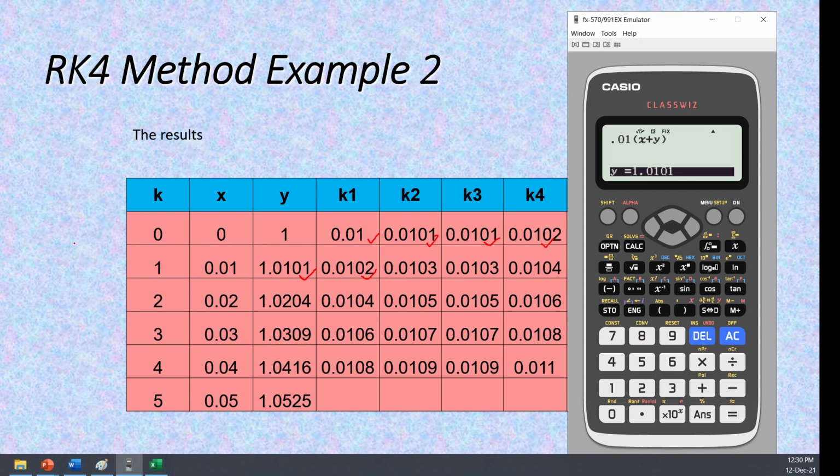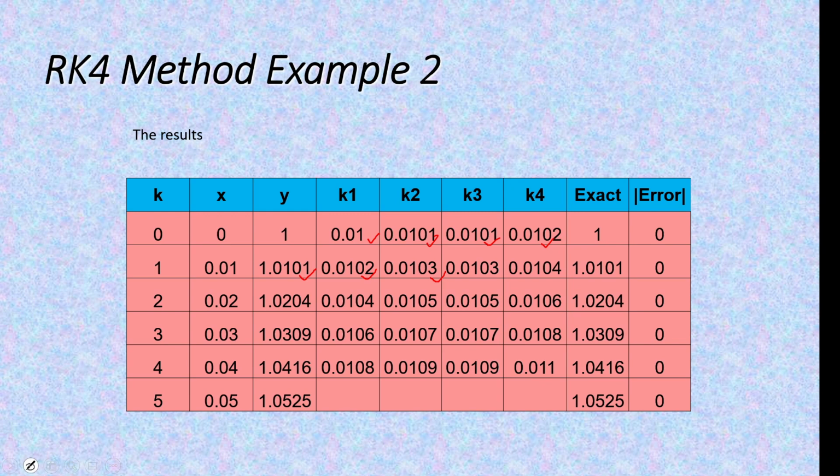For k2, y is y plus k1 divided by 2, 1.0101 plus 0.0103 divided by 2. Oh, y, hold on, that's a mistake already. So you get 0.0103. This is k2.